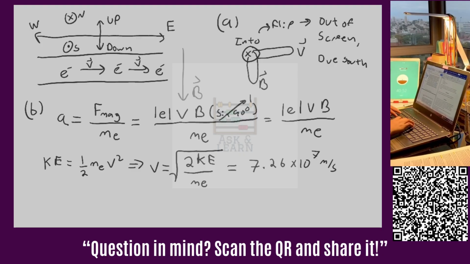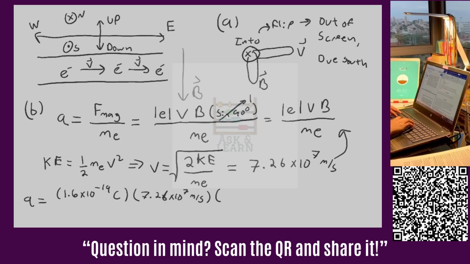Now, since we know that velocity, we can go ahead and use it back up in our problem to figure out the acceleration. So I'm going to plug in everything that I know. The charge of an electron is about 1.6 times 10 to the negative 19 coulombs, magnitude, I'm taking away the negative. Multiply by the speed we just found through the kinetic energy, 6 times 10 to the 7 meters per second.